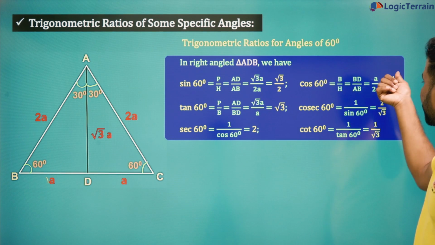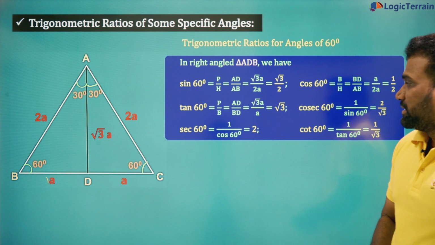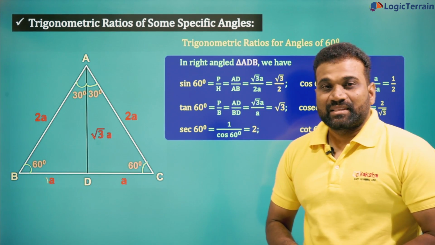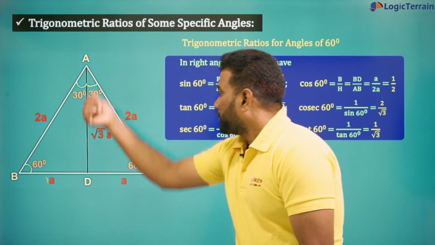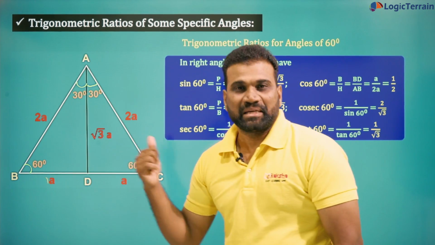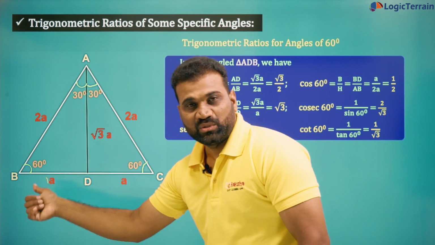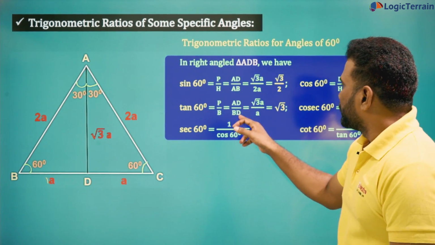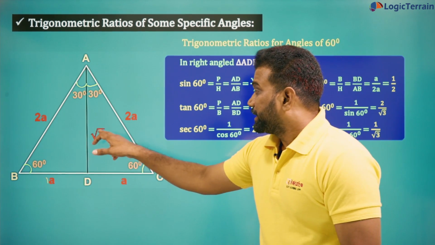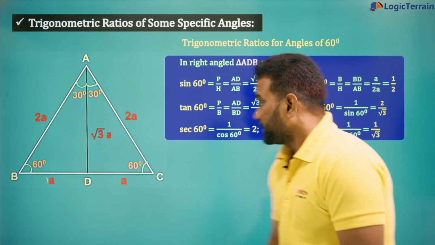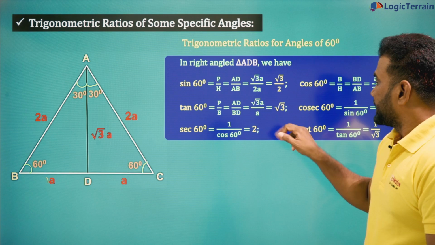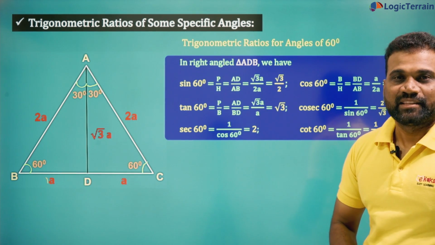So cos 60 degrees value is 1 over 2. Tan 60 degrees. By the tan definition, perpendicular over base, P by B, or opposite side to theta over adjacent side to theta. So AD over BD, where AD is square root 3a and BD is a. Here a divides a one time, so the value is square root 3.